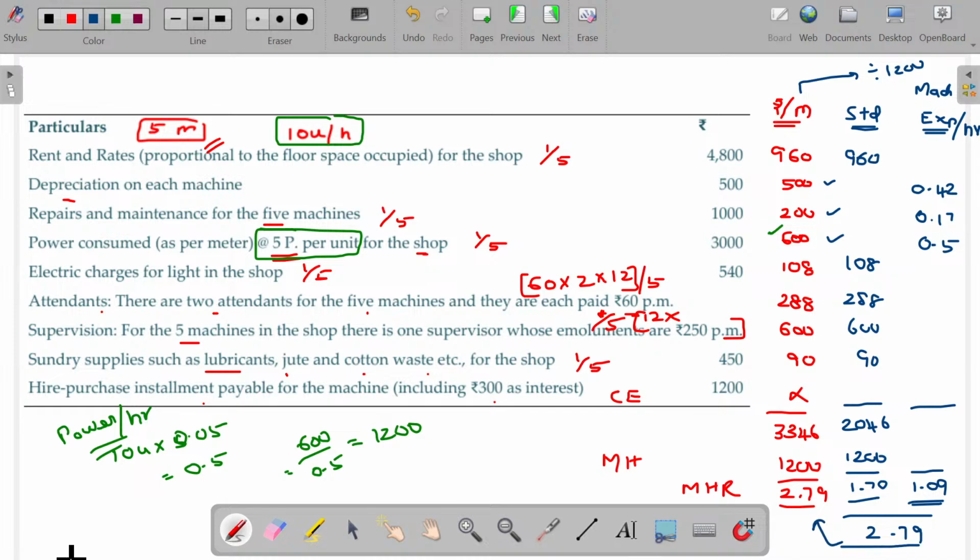Clear? So you just see the Singar Academy text. The computation of machine hour rate is split into two parts.